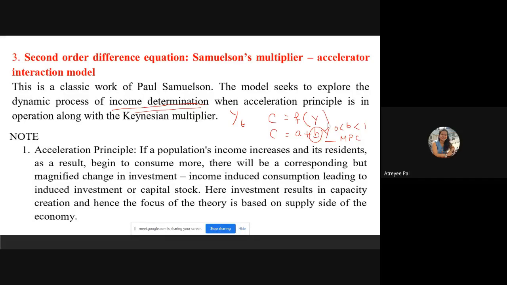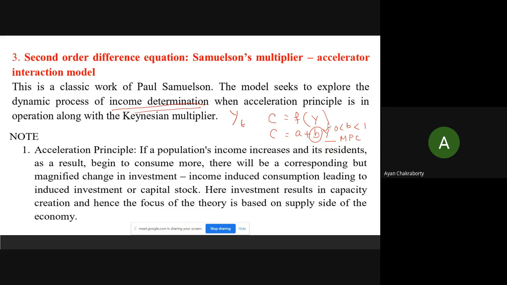Yes, ma'am. And as you move towards the high income group, you will find that whatever they are earning, they cannot consume that amount. Only a very small fraction of their total income will be consumed, isn't it?